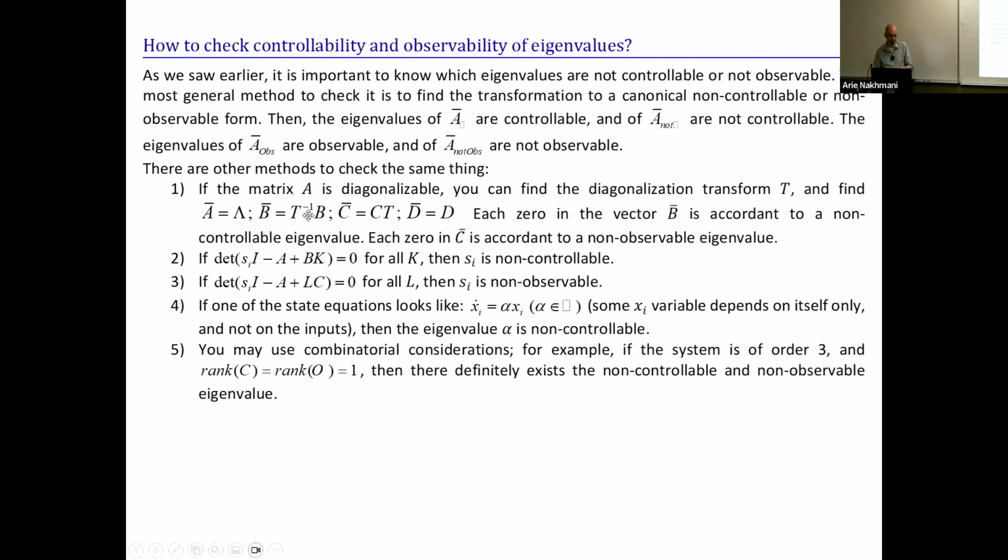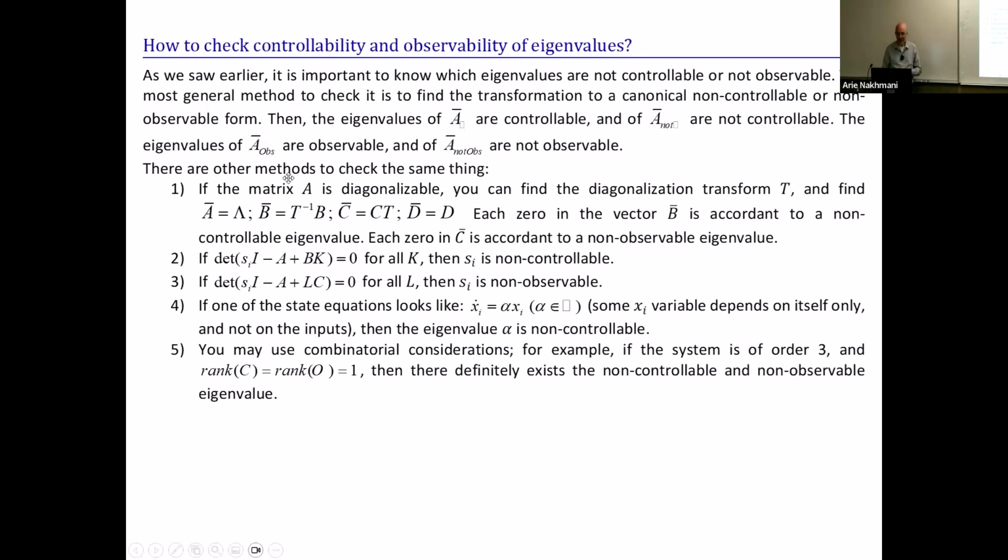You have matrix B bar, which is the inverse of the diagonalization matrix times B of your original matrix. Matrix C bar is C times the diagonalization matrix, and D is the same D as your original matrix D. Okay, so each zero in vector B bar, which is that computed vector, will tell you which eigenvalue corresponding to the same row is not controllable.